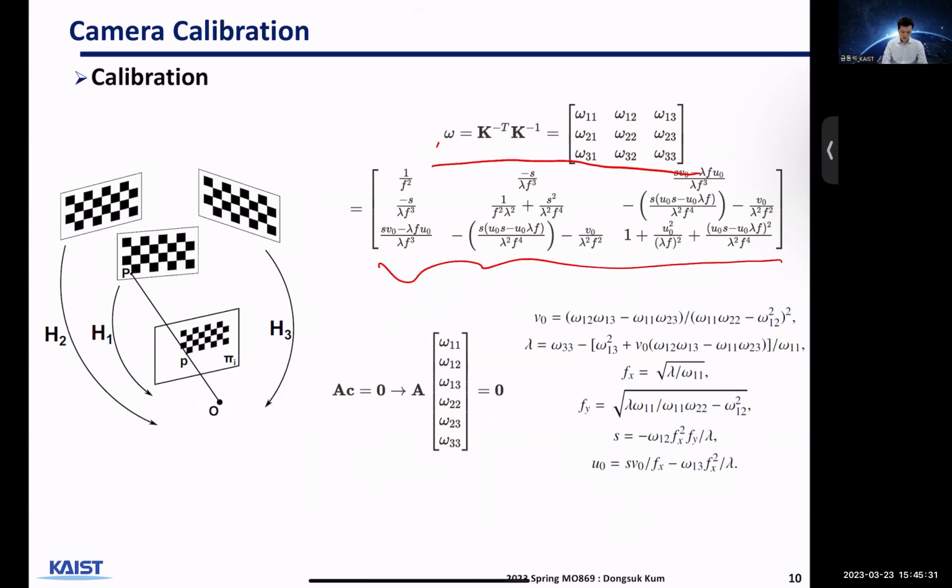And Ac must be equal to 0. By solving this equation, we can solve for these intrinsic parameters. Okay, so it looks somewhat ugly, but it's not too bad.